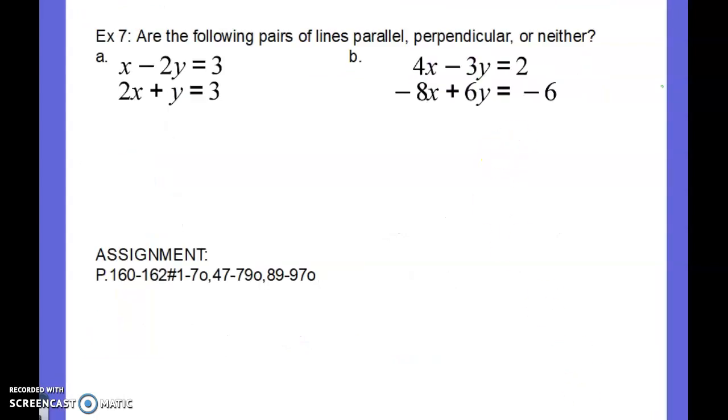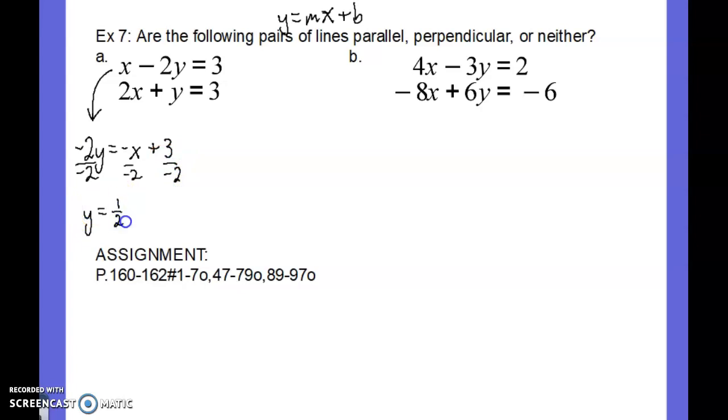So here's my last 2 examples. Are they parallel, perpendicular? Neither. All you have to do is change them into slope-intercept form and then compare those slopes. So if I'm looking at this first one, I would subtract x over and then divide everything by -2. So I'm looking at a slope of positive 1/2.